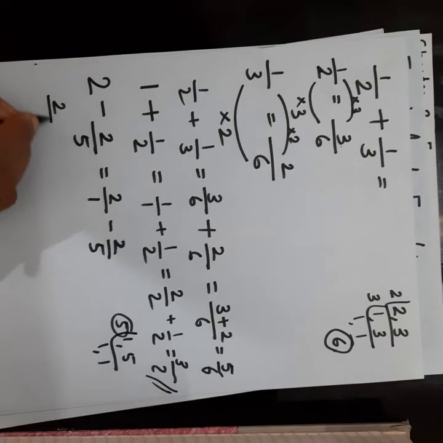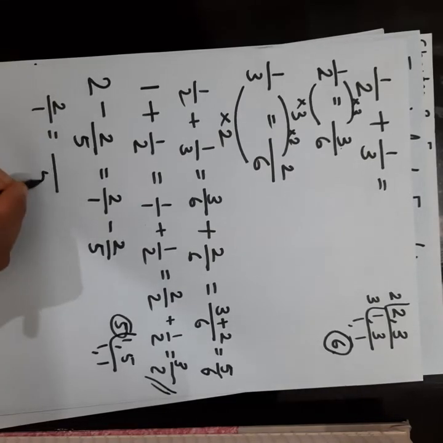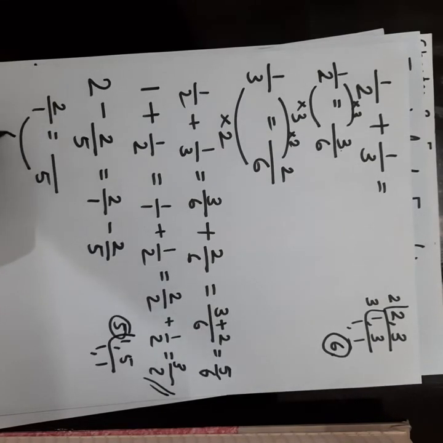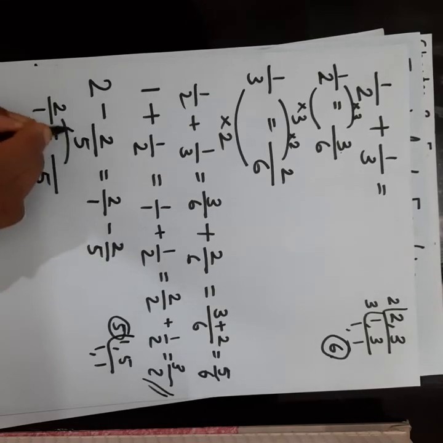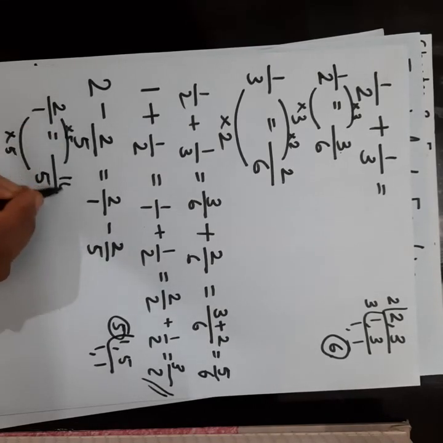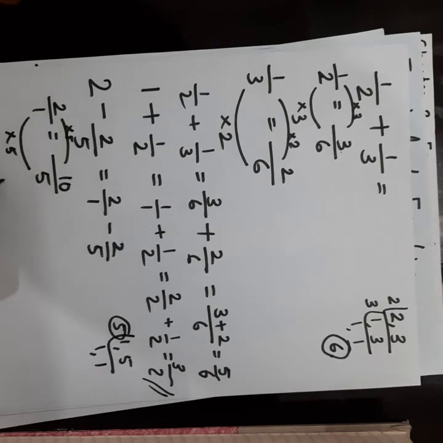So 2 by 1 is equal to, the denominator should be 5. How will we get 5? Into 5. The same, into 5 to be done. So 2 5s are 10. Now 2 by 5 already has denominator 5, no change, so 2 is also not changed.